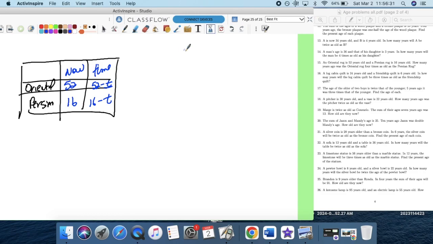So the Oriental rug was 52 minus t, 4 times the Persian rug, 16 minus t. That's the equation. All right, so 52 minus t equals 64 minus 4t.